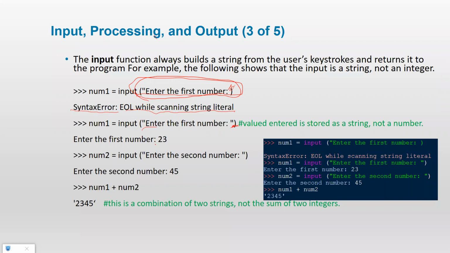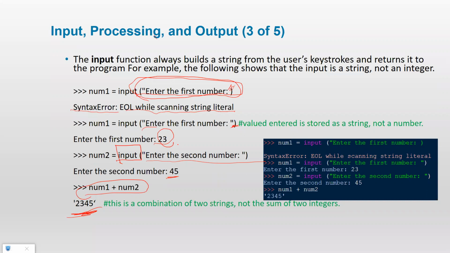And then you enter the number, okay? And then you say enter a second number, and you enter a second number, and you add them together, it becomes this instead of adding. The reason is when you use this input function, everybody listen, this is important to remember.